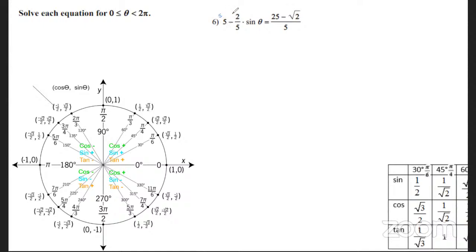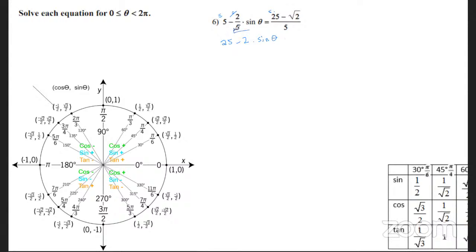But every term needs to be multiplied by 5, not just one term. So this first term is 5 times 5 becomes 25. Our second term, 5 times 2 over 5, our denominator and our multiplication is going to cancel out. We're going to be left with -2 times sine of theta.